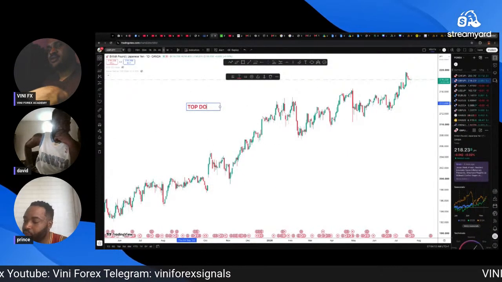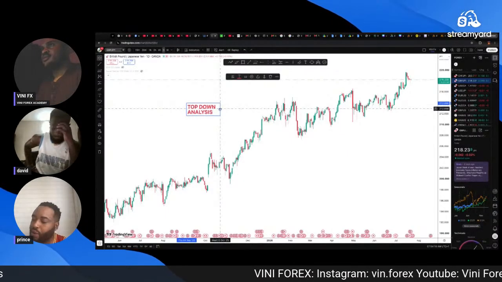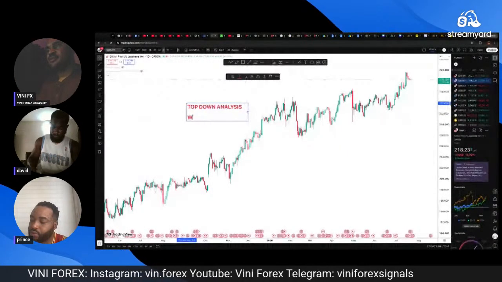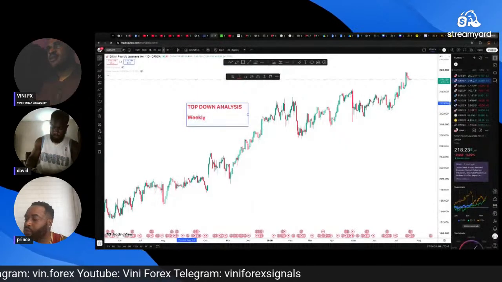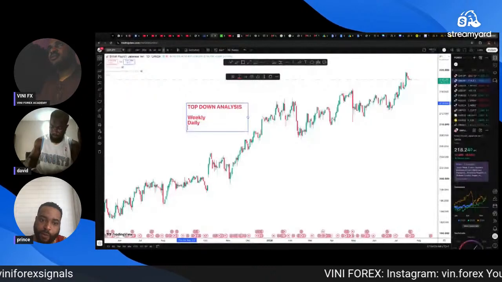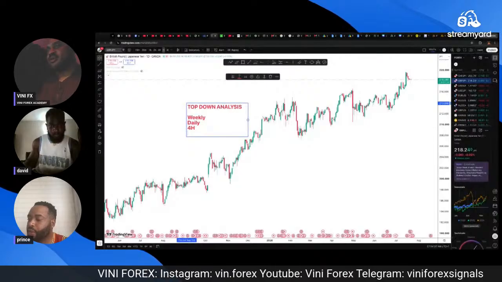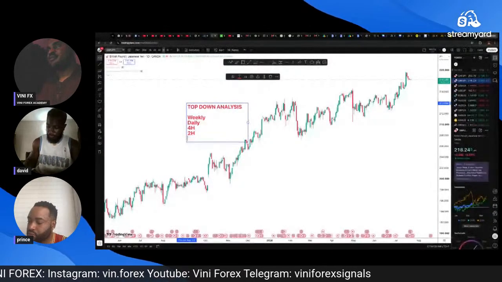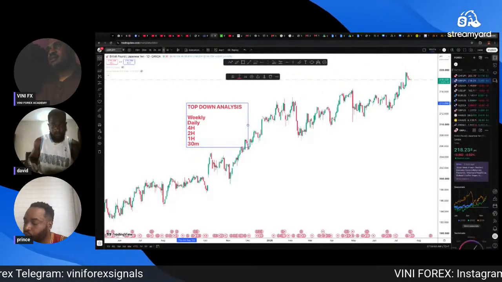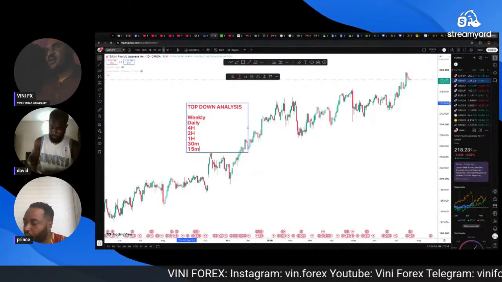It simply means that you start from the weekly time frame, then get down to the daily time frame, the 4 hours, the 2 hours, the 1 hour, the 30 minutes, and the 15 minutes time frame.